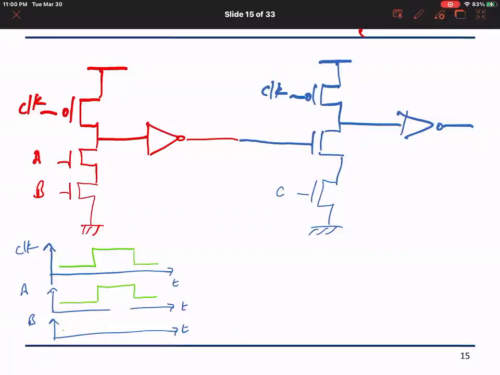Now, let us take another example where let us assume that B is 0 all the time. Okay, so what happens when the clock is low? These nodes will be pulled up. The PMOSs will be on.